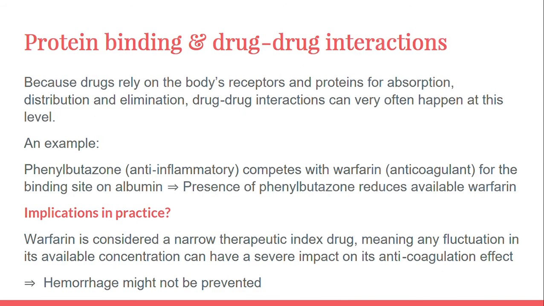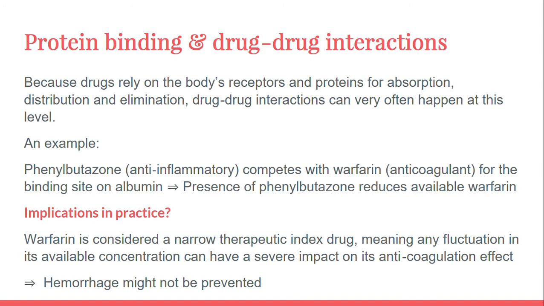Now, in terms of protein binding and what it implies in practice, we always have concerns with drug-drug interaction. This is prevalent in people on polypharmacy, meaning a person is taking more than one drug, and this is very prevalent among the older population and older adults.